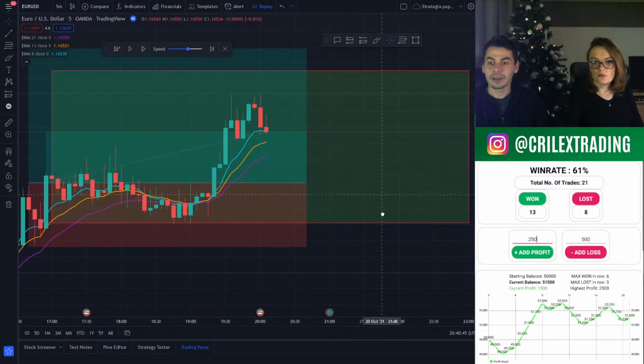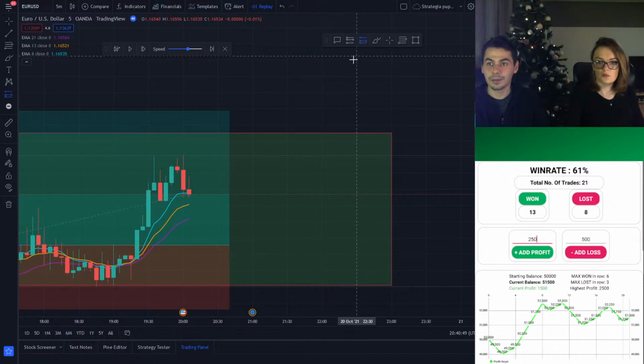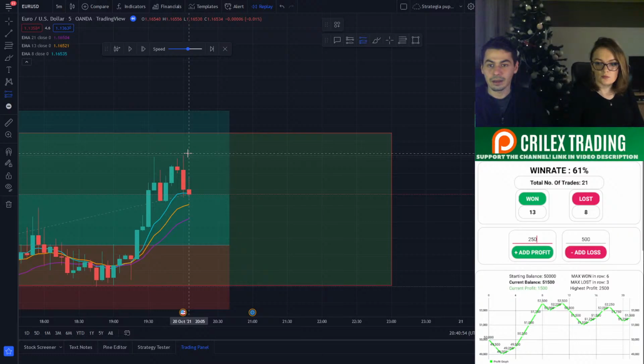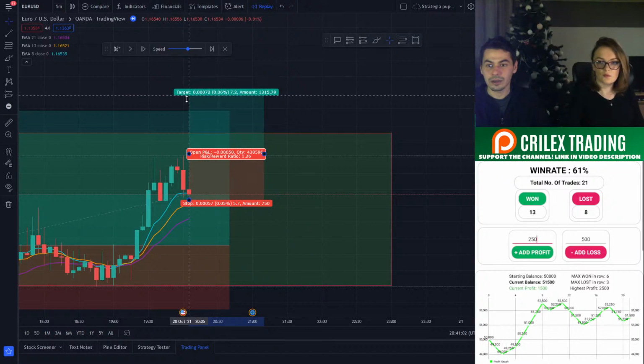Okay, so we have a trade that has no risk on the table, so we can easily stack up another trade here. This is the candle that serves as an entry and as an exit point as well. Okay, and we will just be placing this at 1 to 1.1.